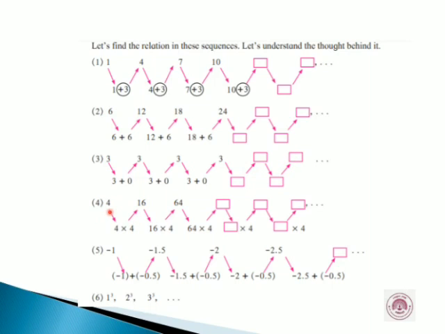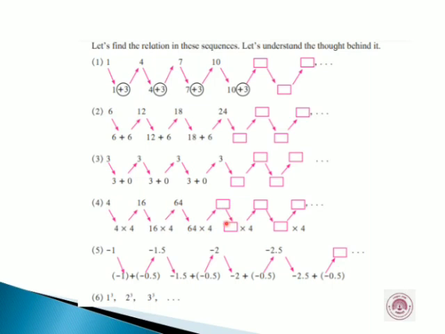But if you check the fourth sequence, 4, 16, 64, etc., in this sequence the next term is obtained by multiplying the previous term by a particular number. That is 4 into 4, 16. 16 into 4, we will get the next term 64. 64 into 4, we will get the next number and so on.